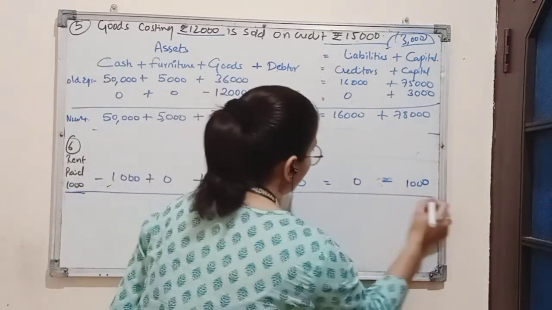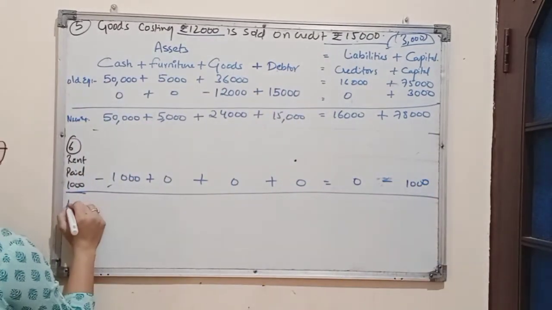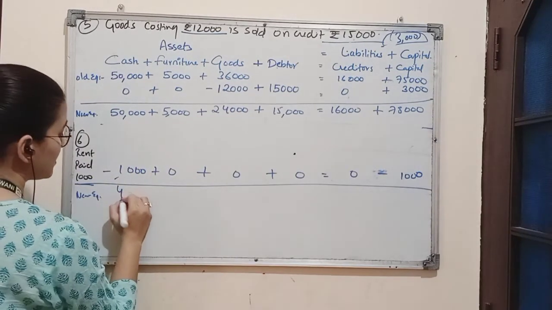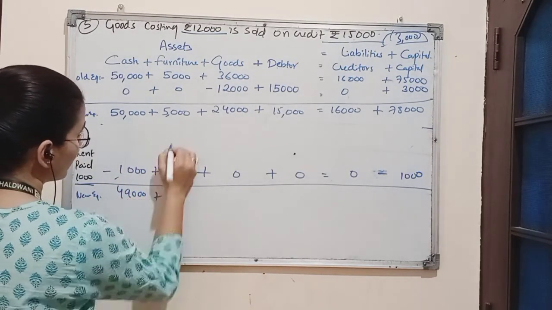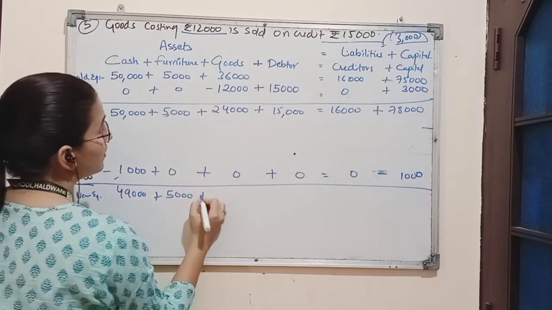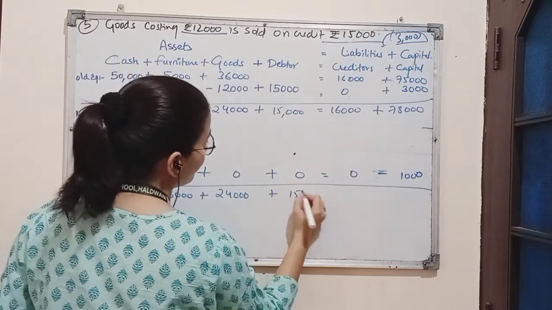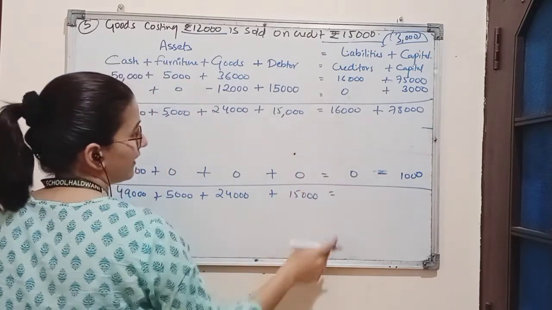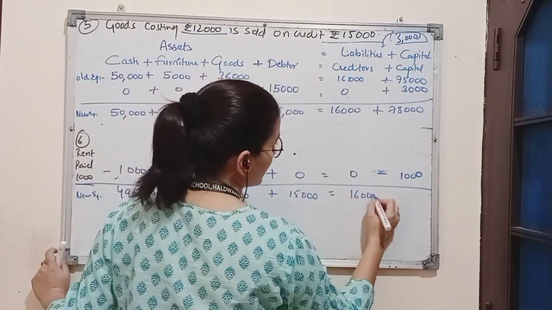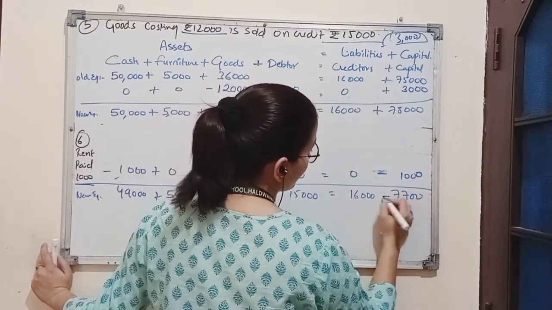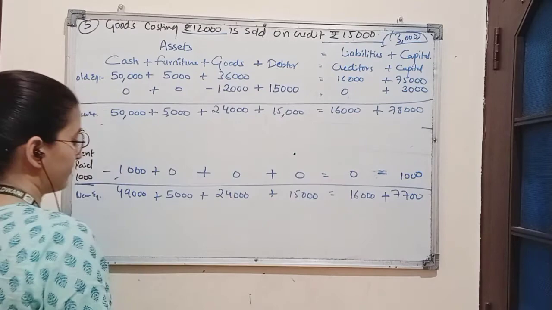So now the new equation will be 50,000 minus 1,000 is 49,000. Furniture 5,000. Goods 24,000. Debtor 15,000. Liability 16,000. And capital amounting to rupees 77,000.